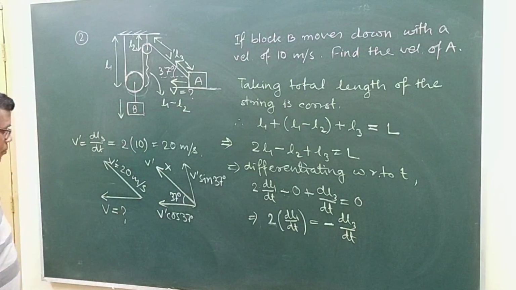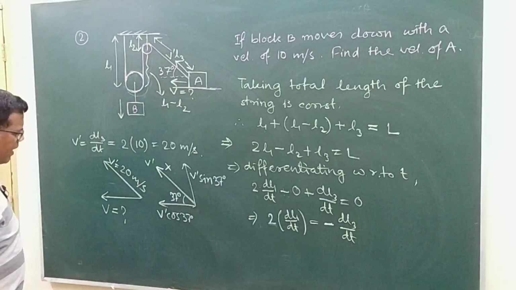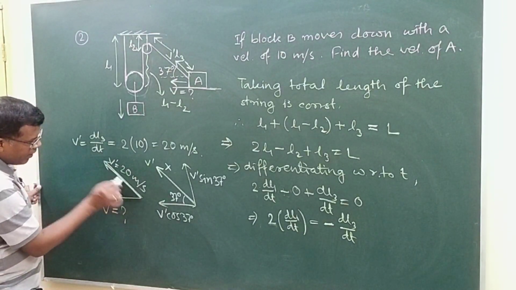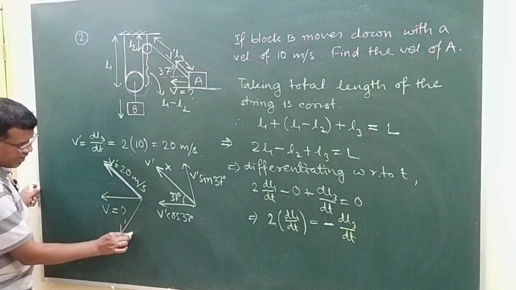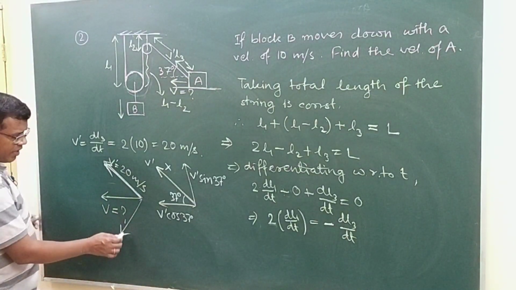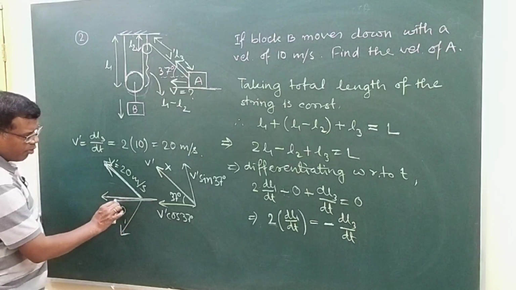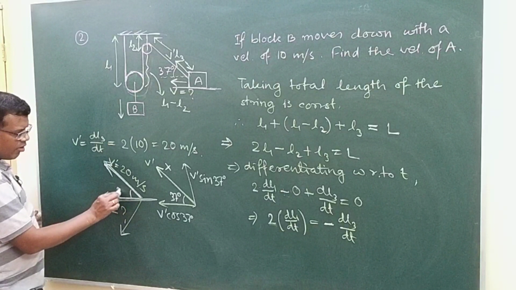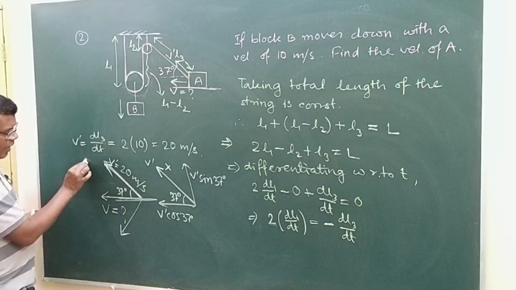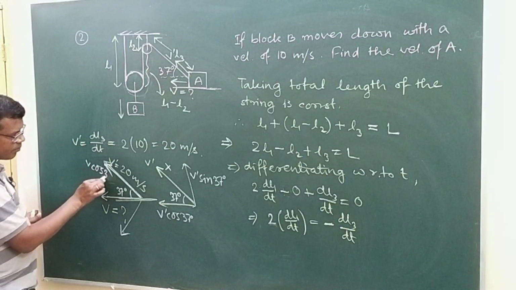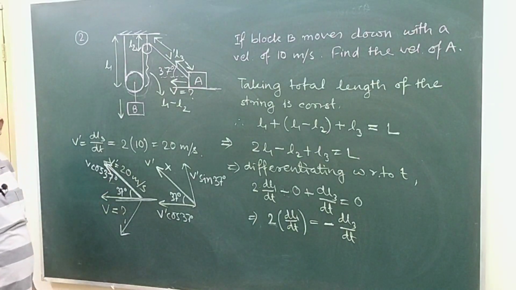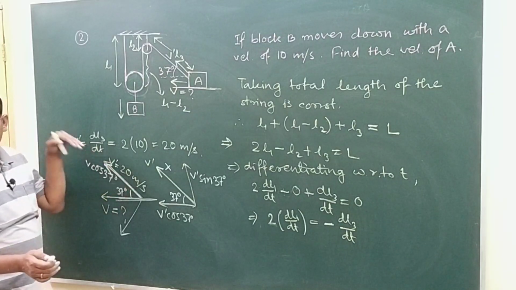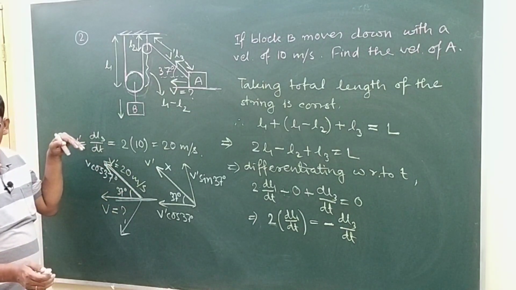So instead of resolving v dash, we must resolve v. If we resolve v into two components, you can see this component is obstructed by the floor. So the resolution of v along this direction on the basis of 37 degree will be v cos 37, which is equal to the numerical value of v dash.